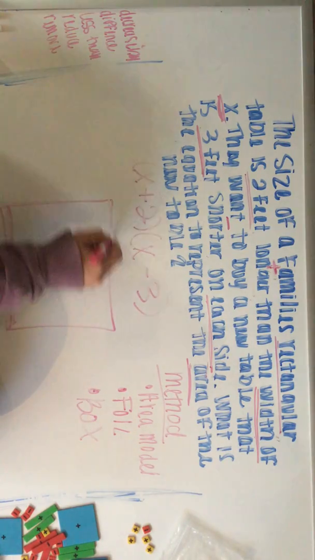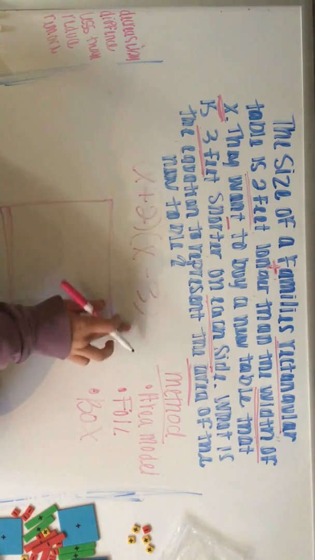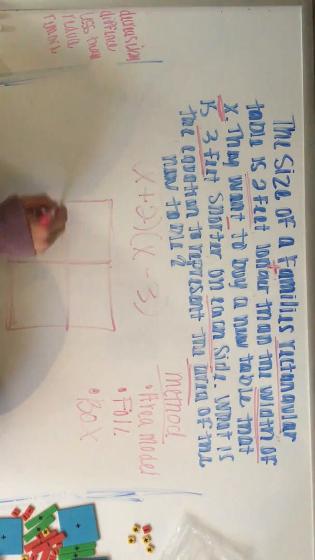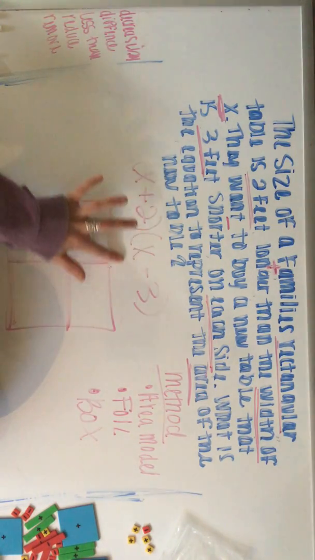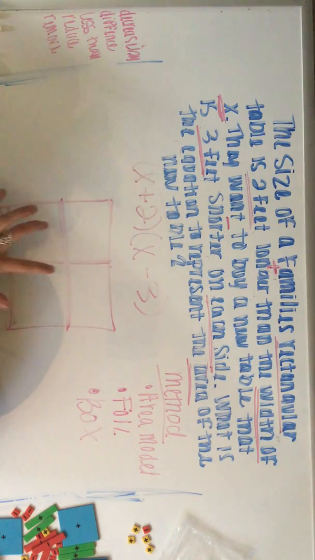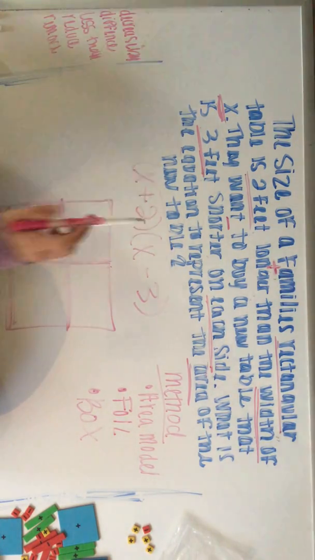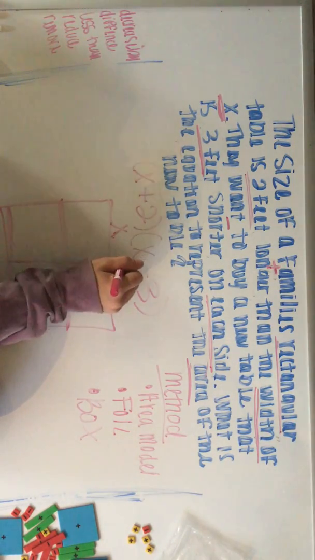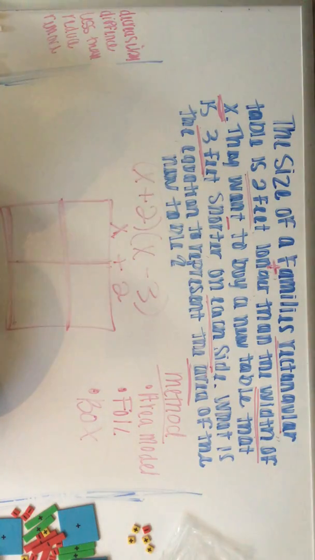And since we're doing binomials, we have 2 and 2, right? Quads. So we're going to write our first factor at the top, x plus 2 or positive 2, and x minus 3 or a negative 3.